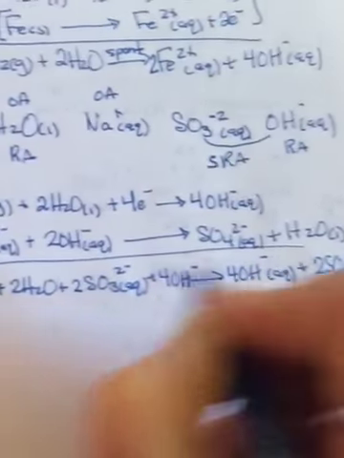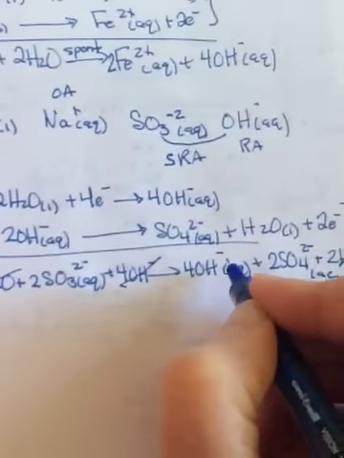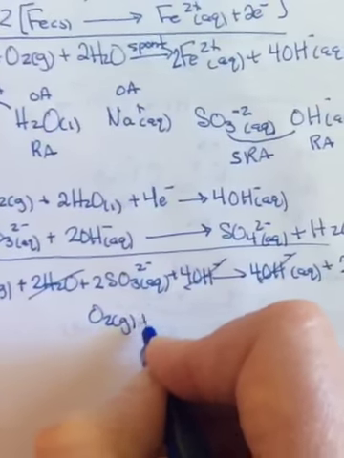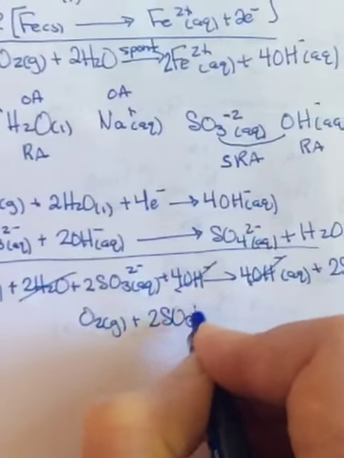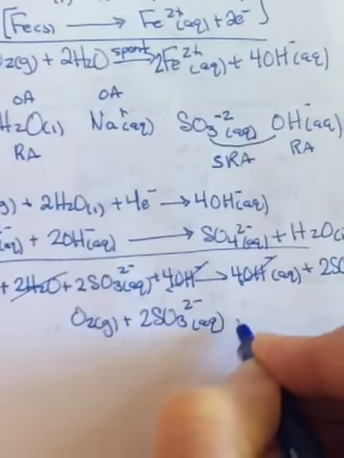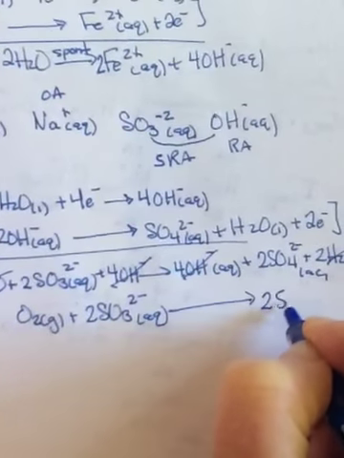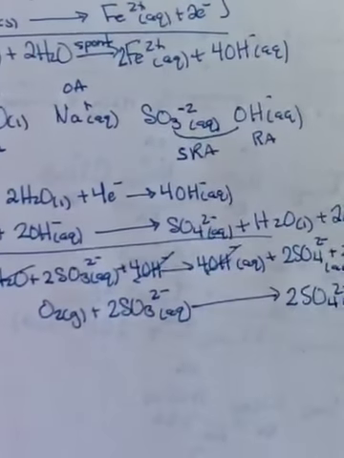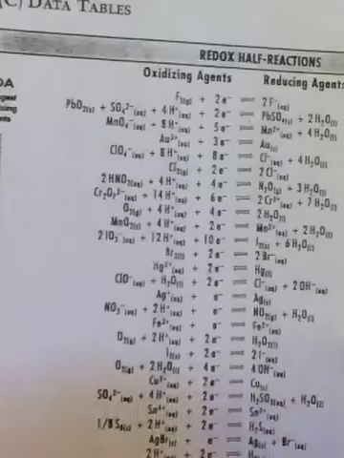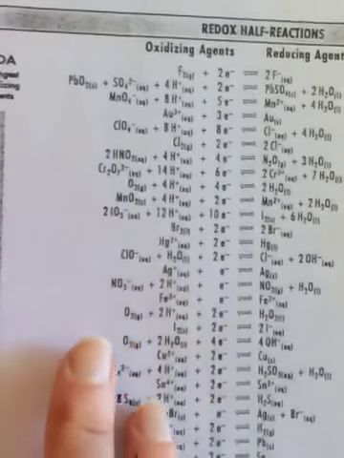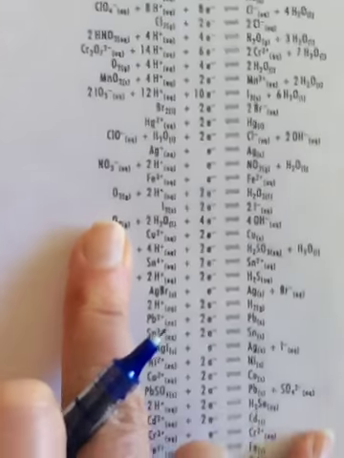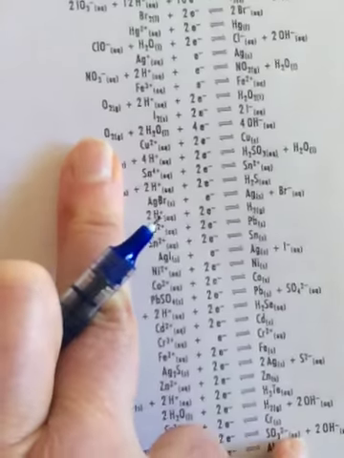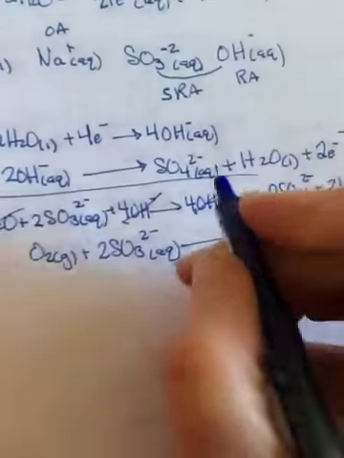Okay, so the 2H2O on each side cancels, the 4 OH on each side cancels. You're left with O2 gas plus 2SO3 2 negative aqueous going to 2SO4 2 negative aqueous. Check to see if it's spontaneous or not. The O2 is here. The SO3 is way down here. It is definitely spontaneous.